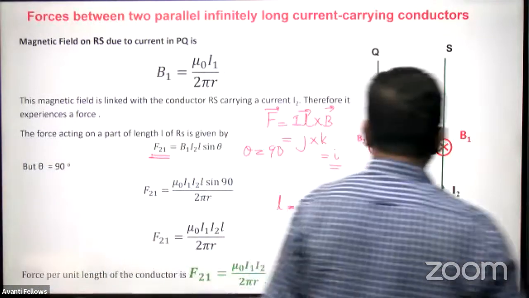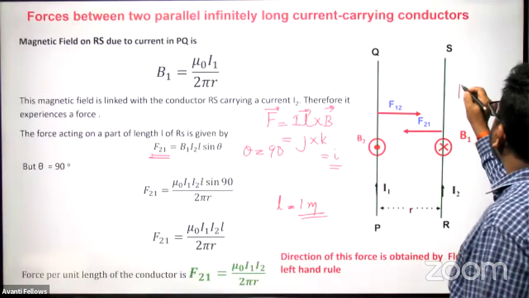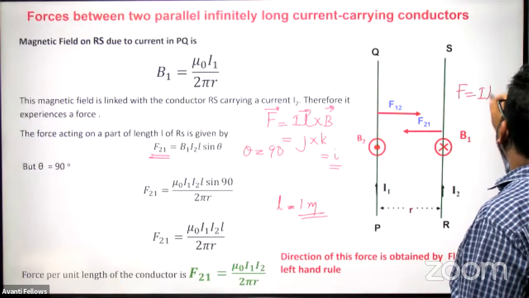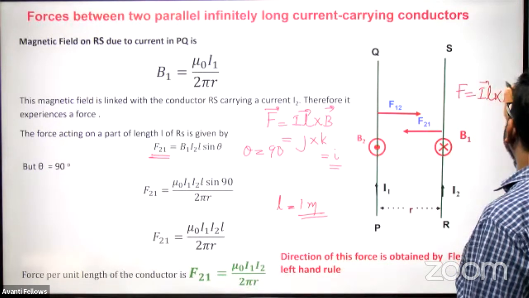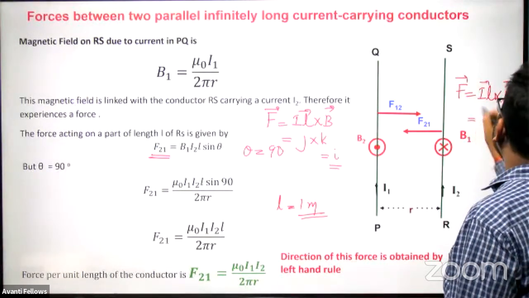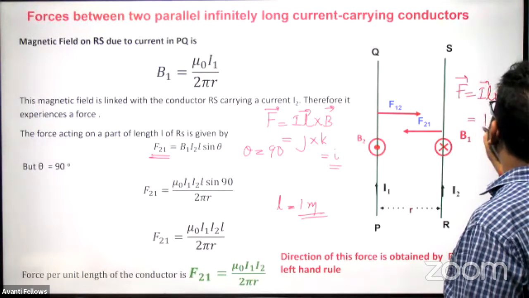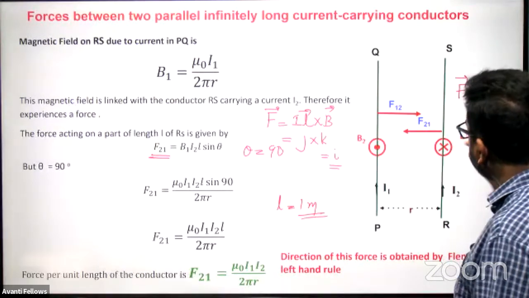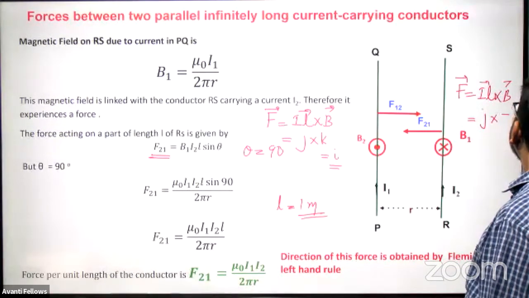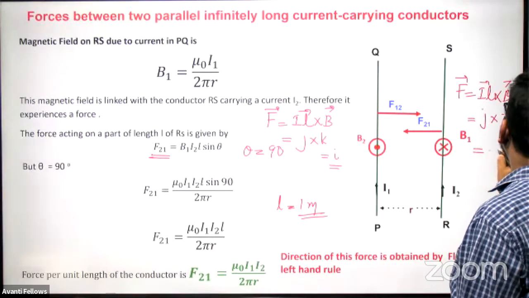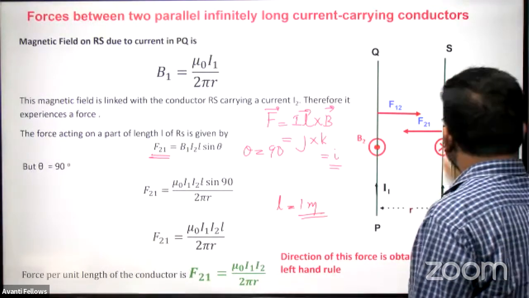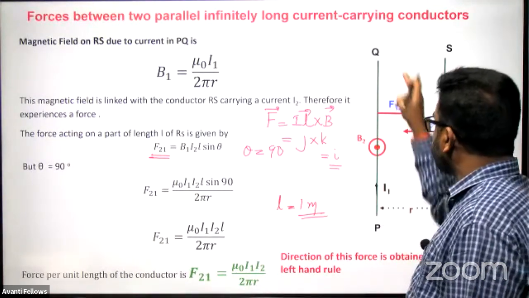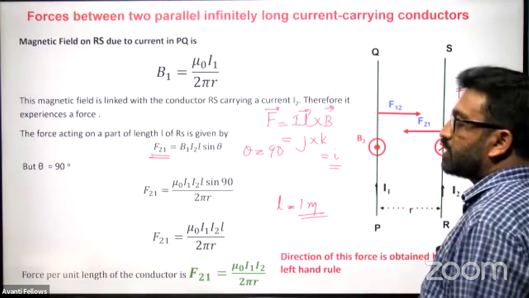And in the first case, F is equal to IL cross B. Here IL is upward, that is J, cross the magnetic field inward into the plane of the board, that is minus K. So that is equal to minus I. So in the case of the second conductor, force is towards left. In the case of the first conductor, force is towards right.